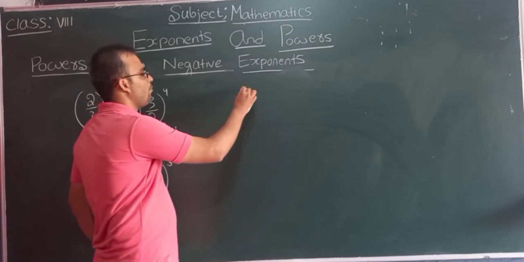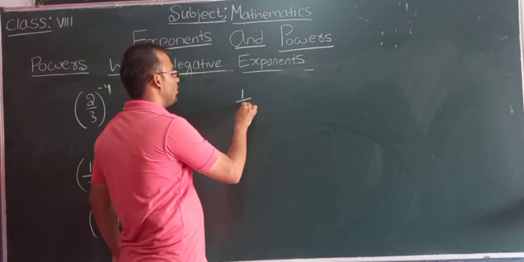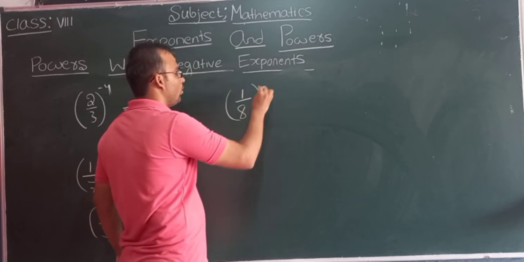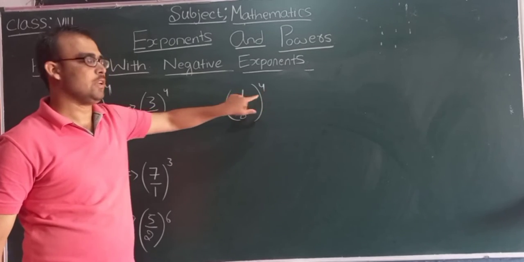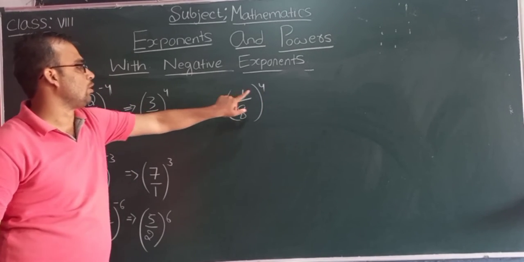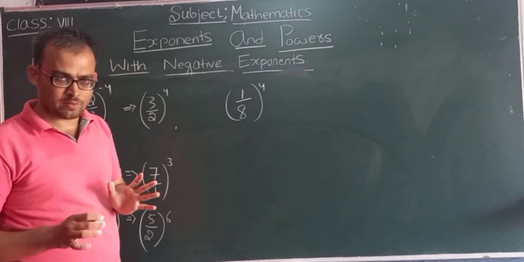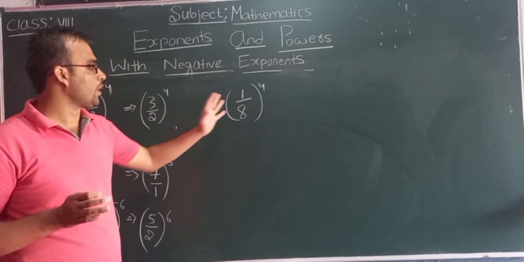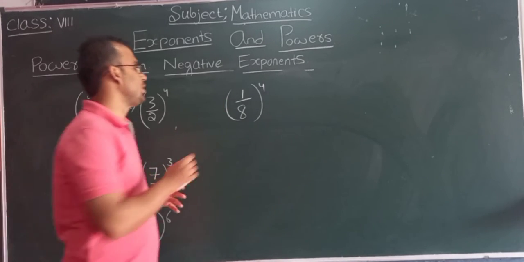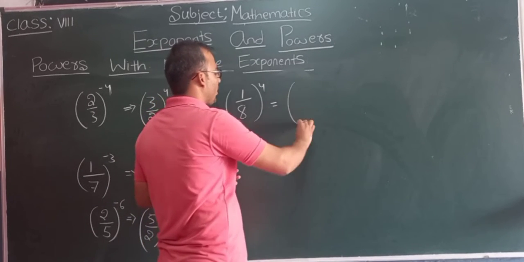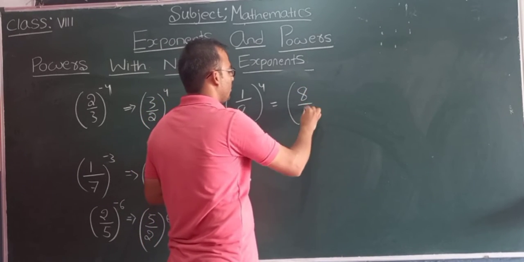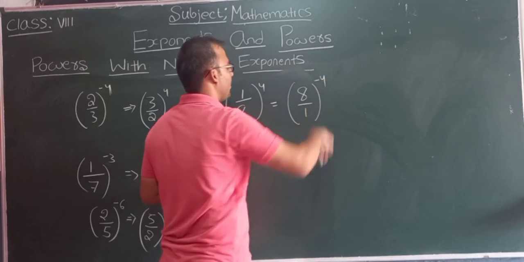If there is a positive power, that is 1 by 8 whole to the power 4, and you want to express this positive exponential value in terms of negative, then again reciprocal it, 8 by 1 whole to the power minus 1.